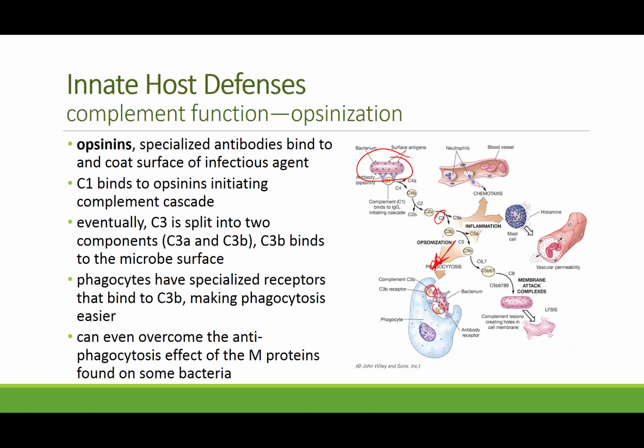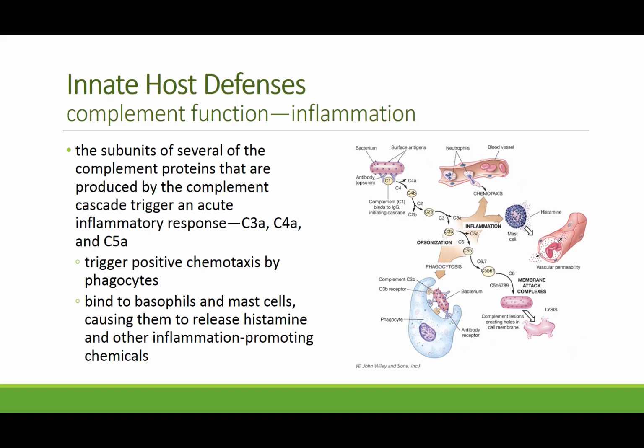So opsonization is making it possible for the macrophage to be able to do phagocytosis to the bacteria or viral particle or whatever it is.